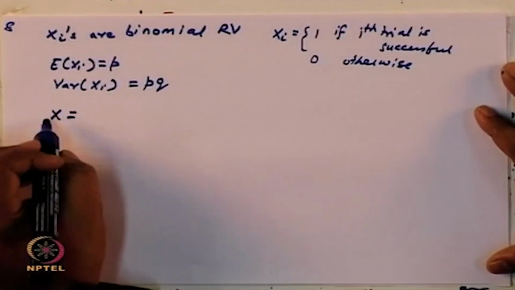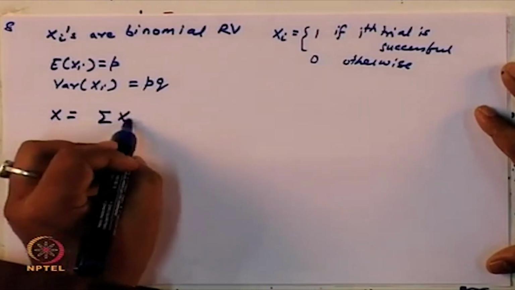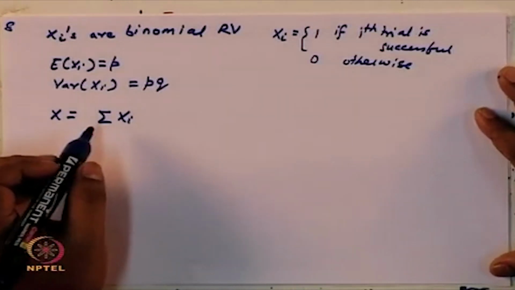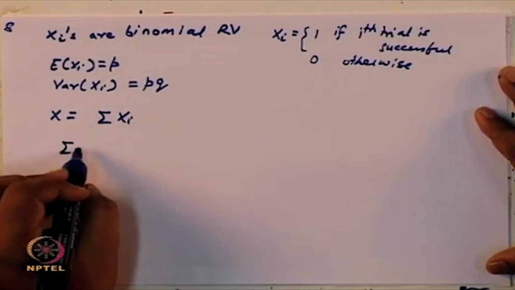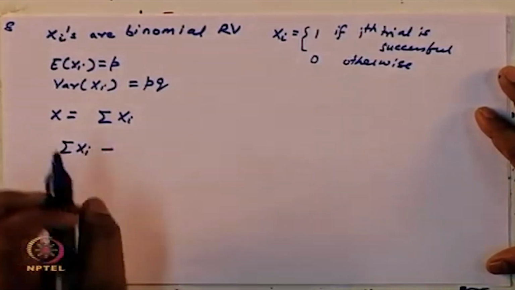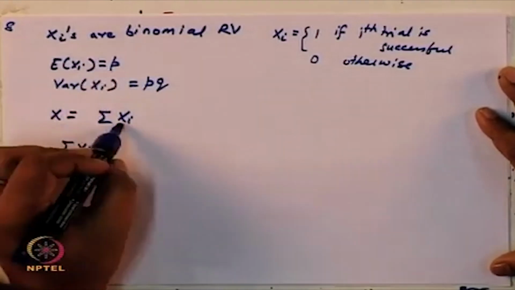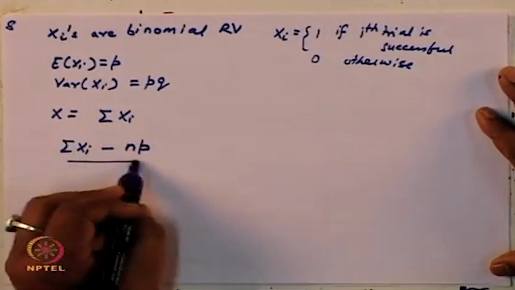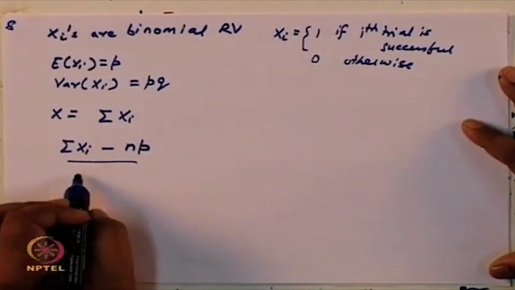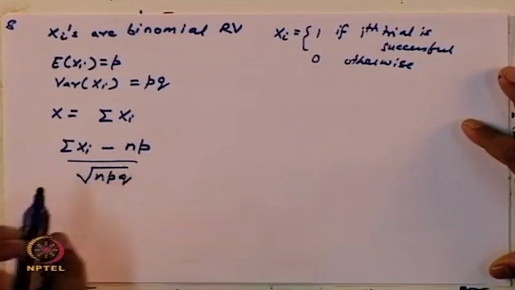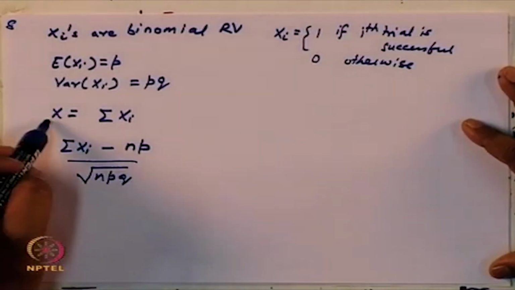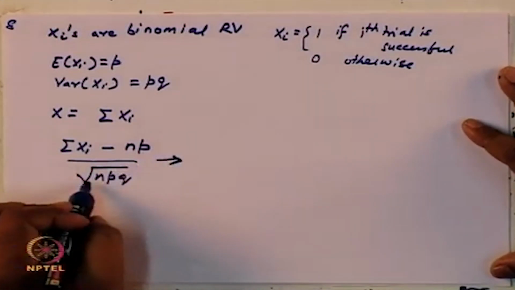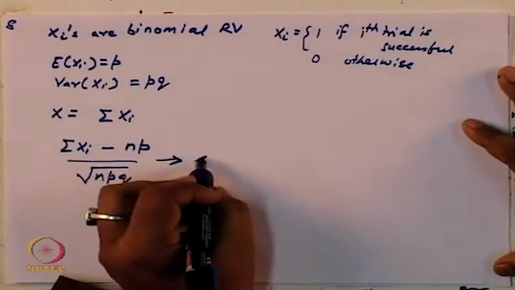So, if we define a random variable x, which is summation of xi, then again by invoking central limit theorem, summation xi will have a mean of np and a variance of npq. So, npq is going to be the variance of this x and np is going to be the mean of this x. So, this means that summation xi minus np by root of npq is a standard normal variable.